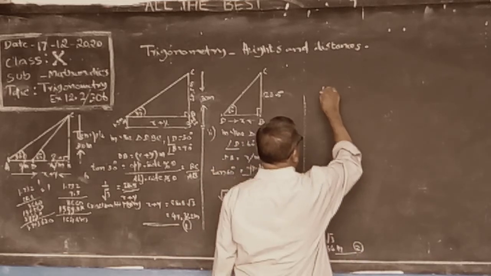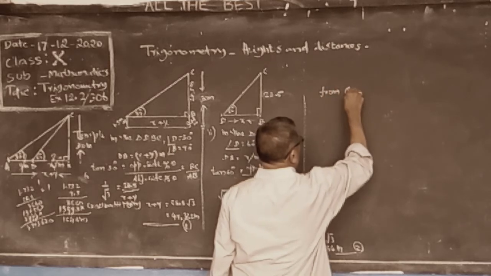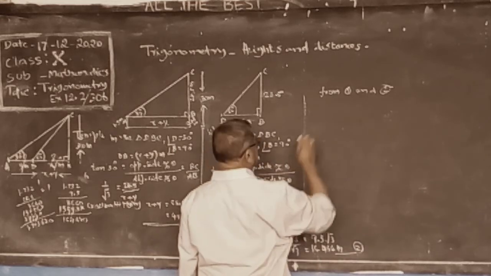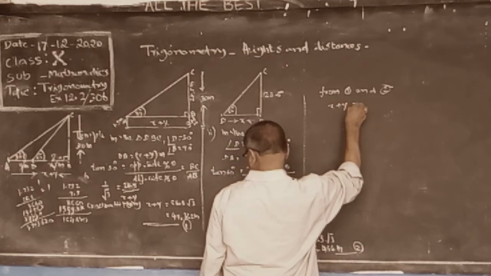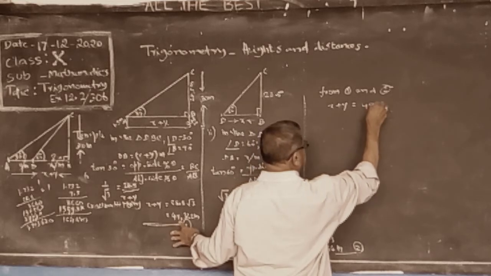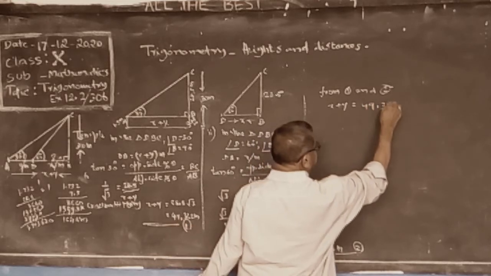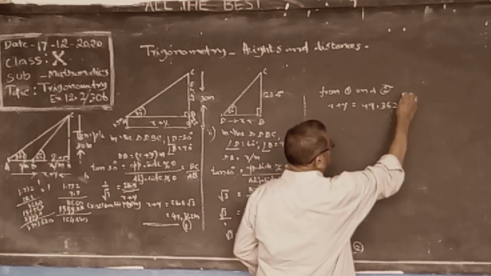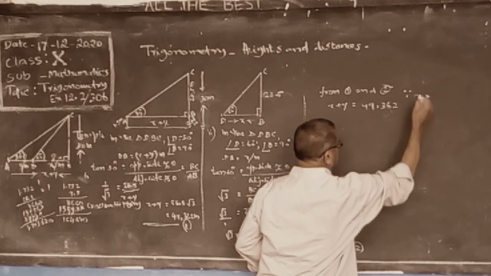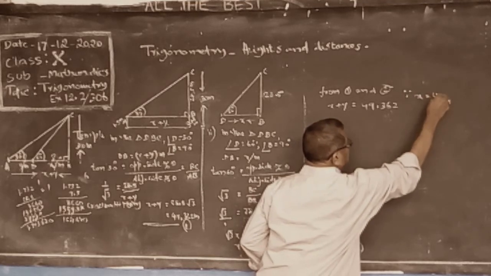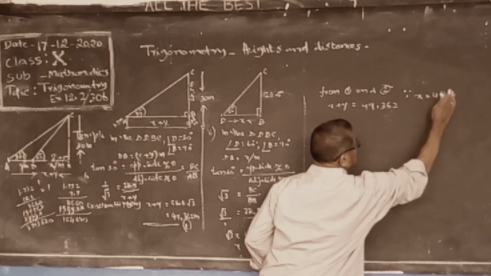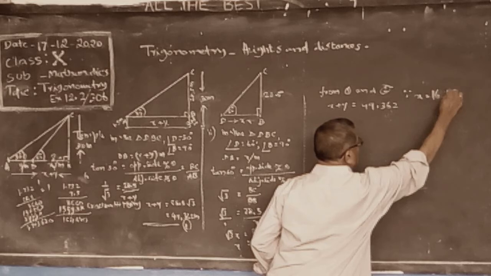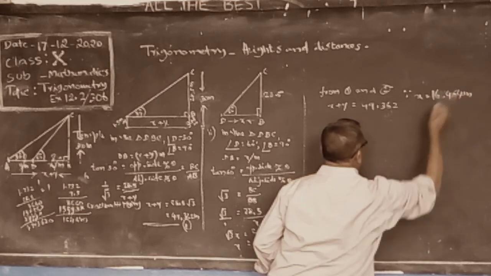From 1 and 2, x plus y is equal to 49.362, whereas x is equal to 16.464 meters.